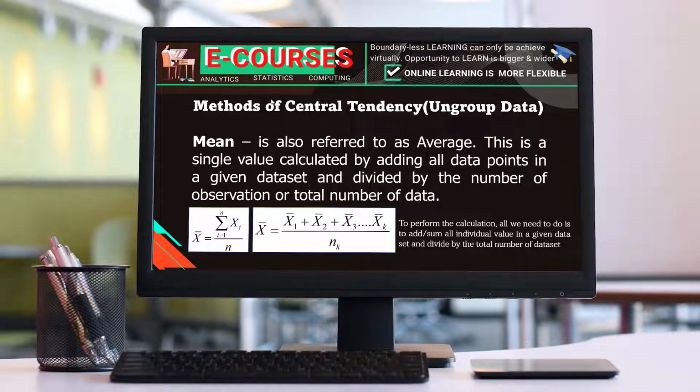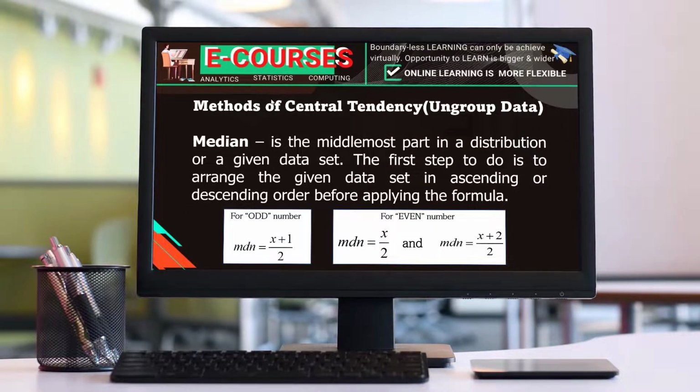Meaning to say it depends upon the number of observations. So it could be 1 to 13, or it could be 1 to 14 and so on and so forth, divided by the number of observations. Alright, so this is how to calculate the average or the mean.